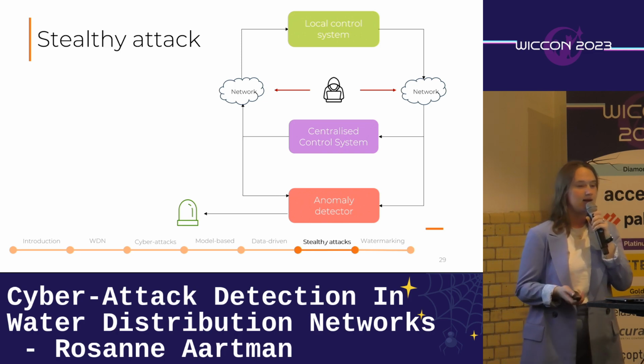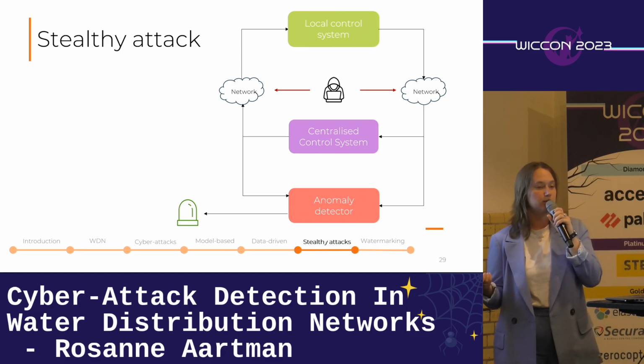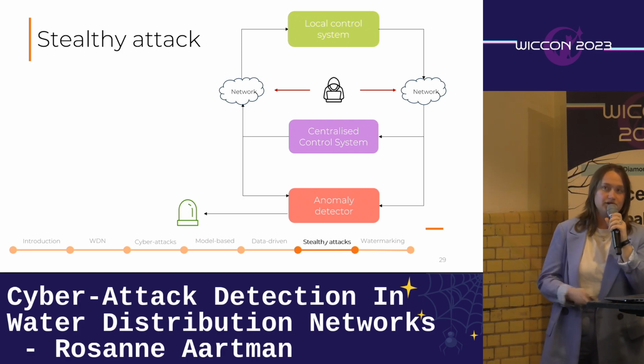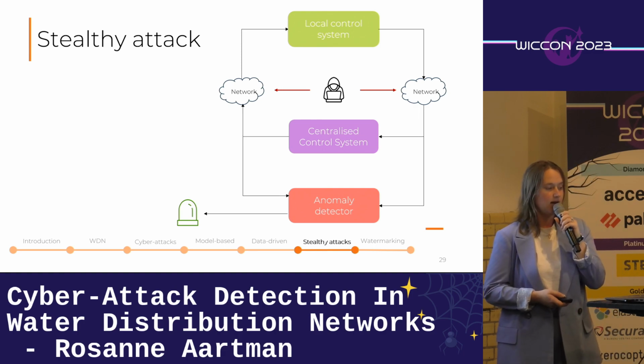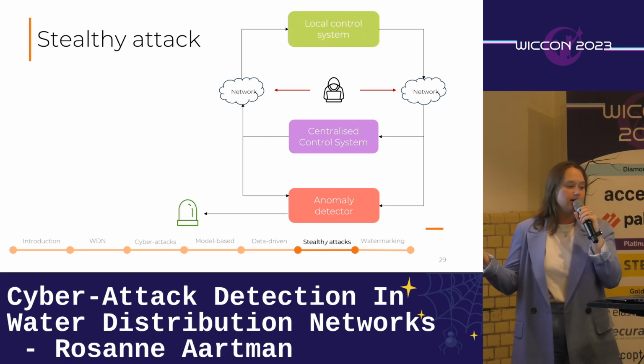And with that, our closed-loop control system becomes an open-loop system. And therefore, this can have divergence in our system and catastrophic effects. So these stealthy attacks are quite risky.